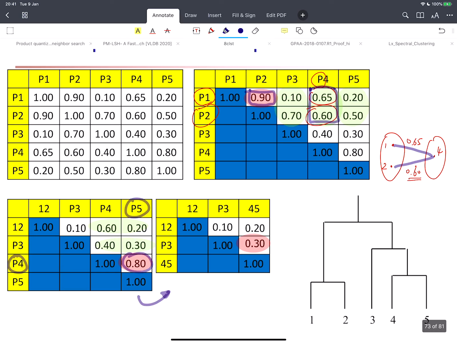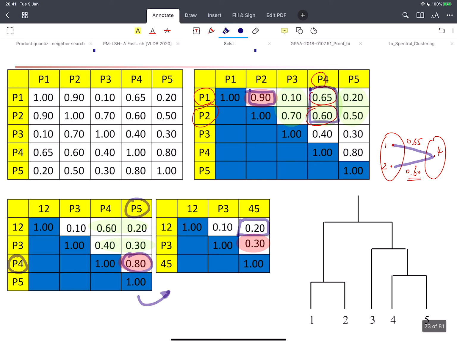Okay, the choice in this simple example happens to be the same as the min, or the single link, but the logic differs, it's just a simple coincidence. So in this case, we decide to again merge 4 and 5. Let's look at this one.